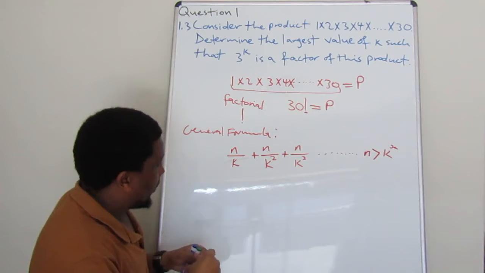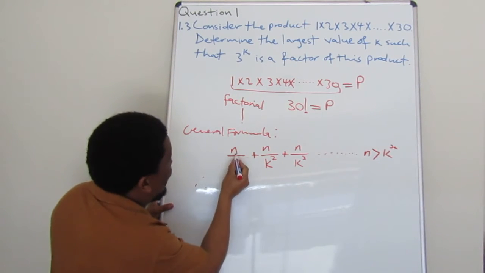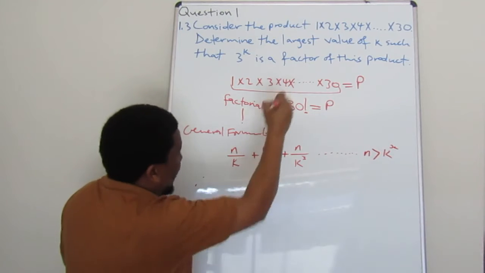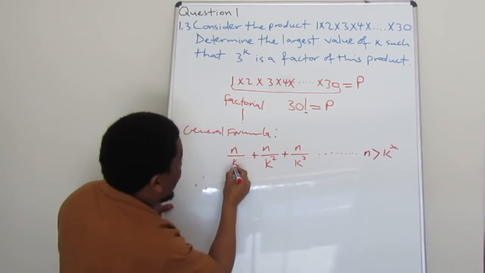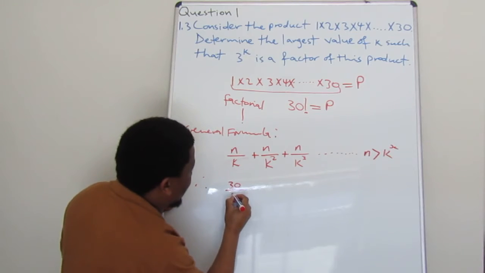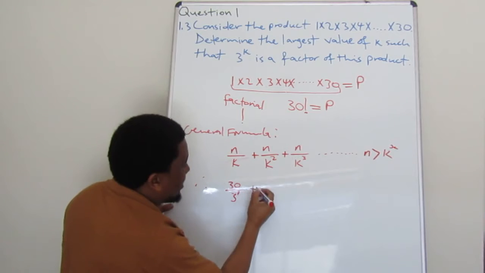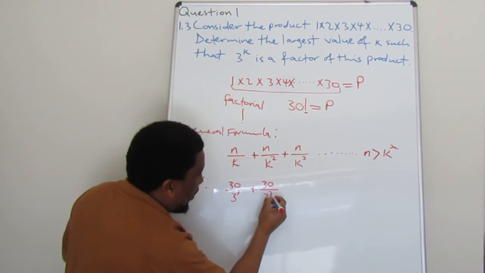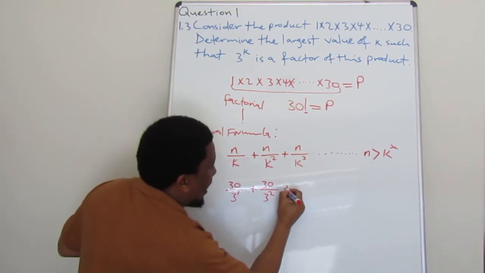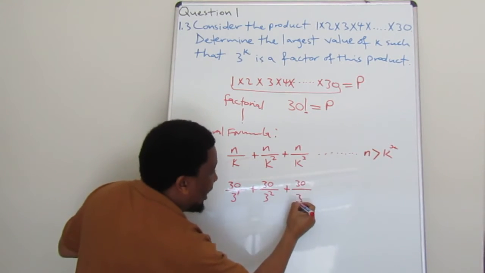Therefore, here n is equal to 30, and my k is given as 3. So it's 30 over 3 to the power 1, plus 30 over 3 to the power 2, plus 30 over 3 to the power 3.